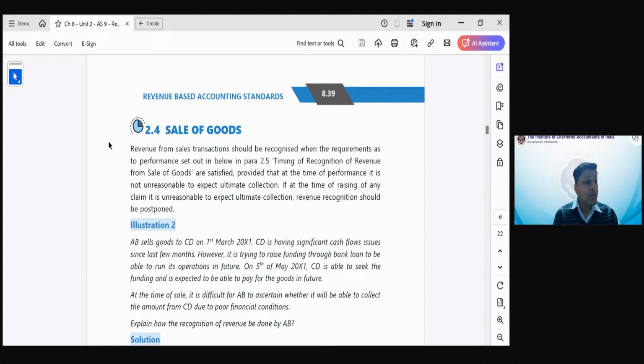You are required to comment on the revenue recognition by AB to CD. Over to you. Yes, tell me about revenue recognition. Please remember, you don't look at the answer, because we have discussed the concept. So try to apply this on your own.